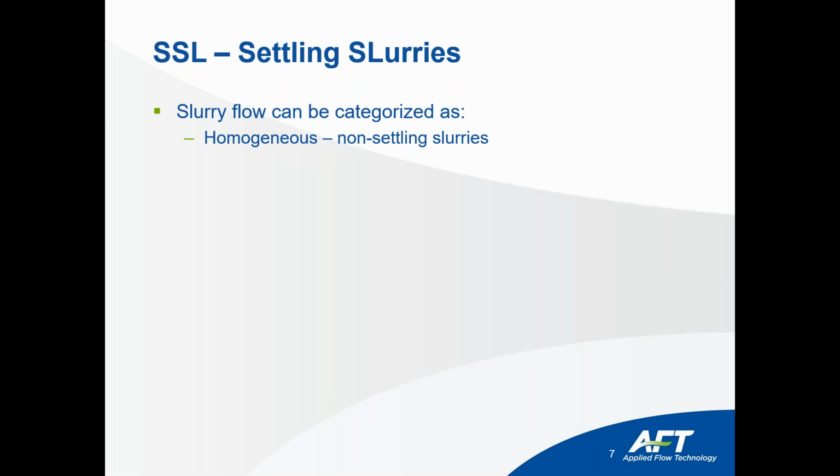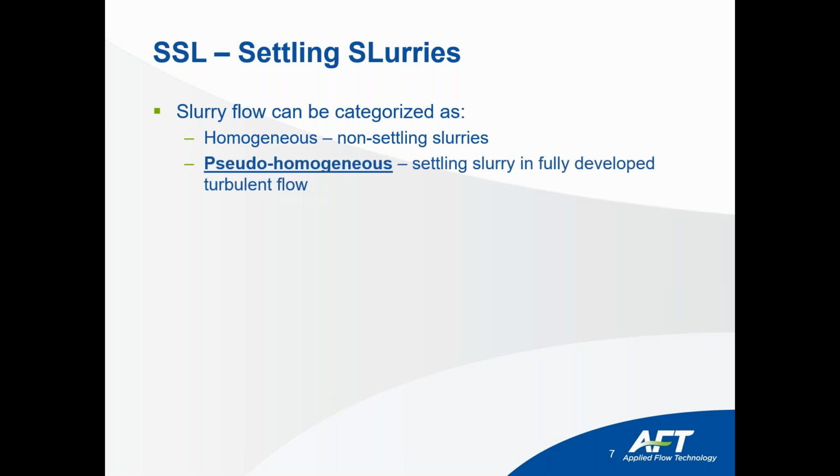You would use potentially a power law non-Newtonian model, or a Bingham plastic, or maybe a paper stock. Any of those options would be considered a non-settling homogeneous slurry that you would not actually need the SSL module for. So if that's your case, then you would be able to potentially model it simply with standard Fathom and Impulse.